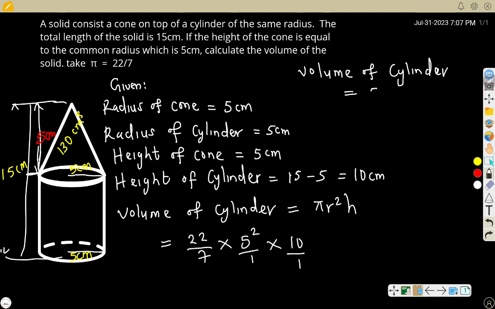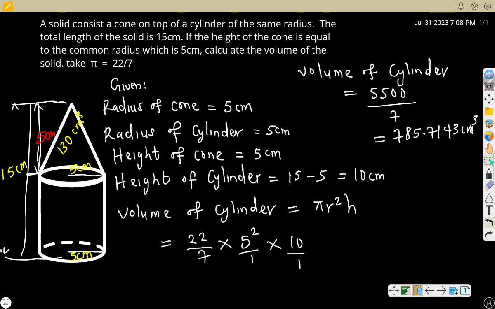So that will be 5500 divided by 7, which is 785.7143, approximately, just like the way I wrote 130 for the cone. Note the figure, that is centimeter cube. The volume is always in centimeter cube.